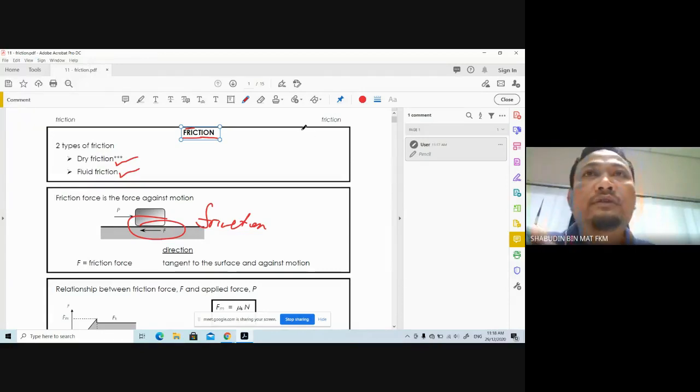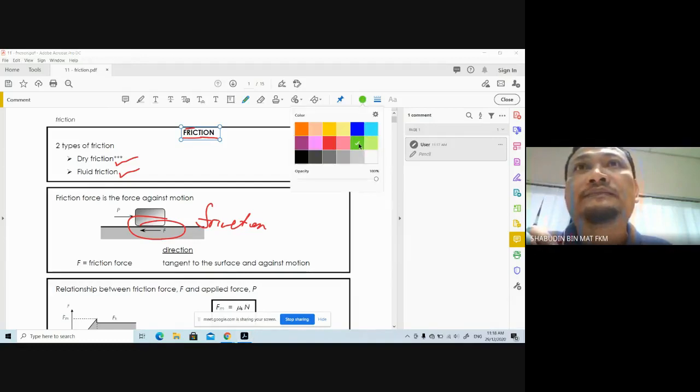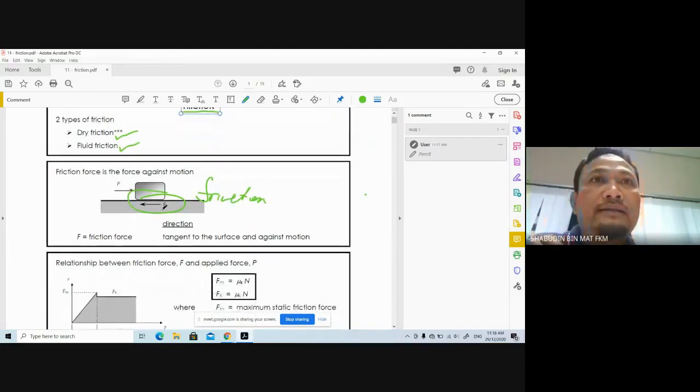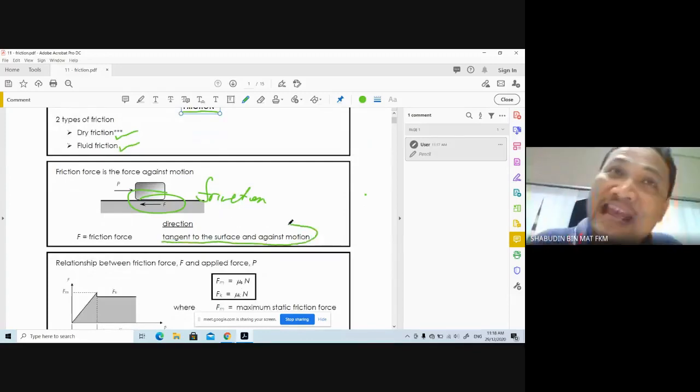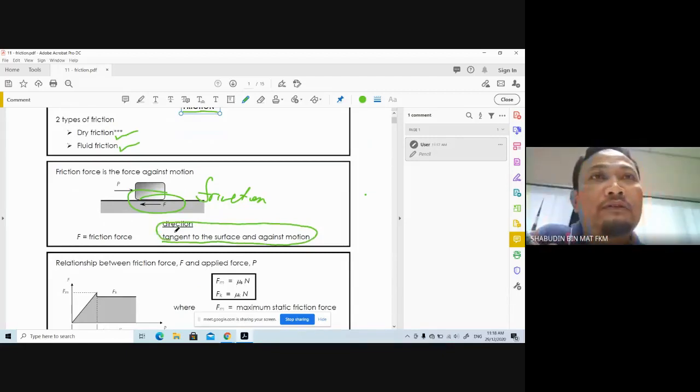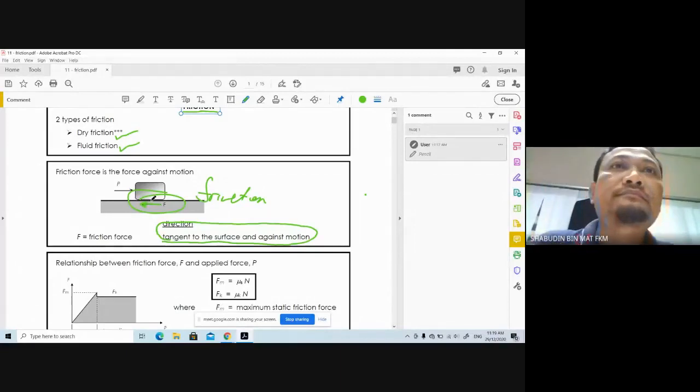It is tangential to the motion. The thing is not moved yet, but you have a friction force acting opposite of your movement.